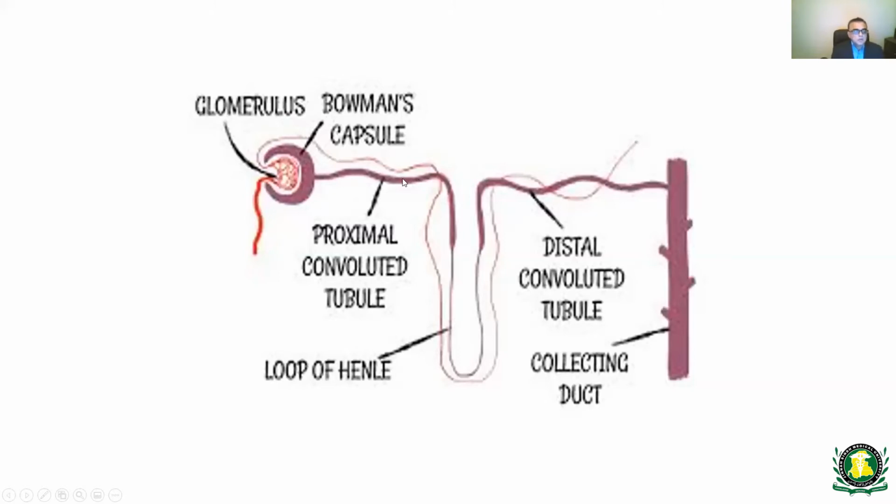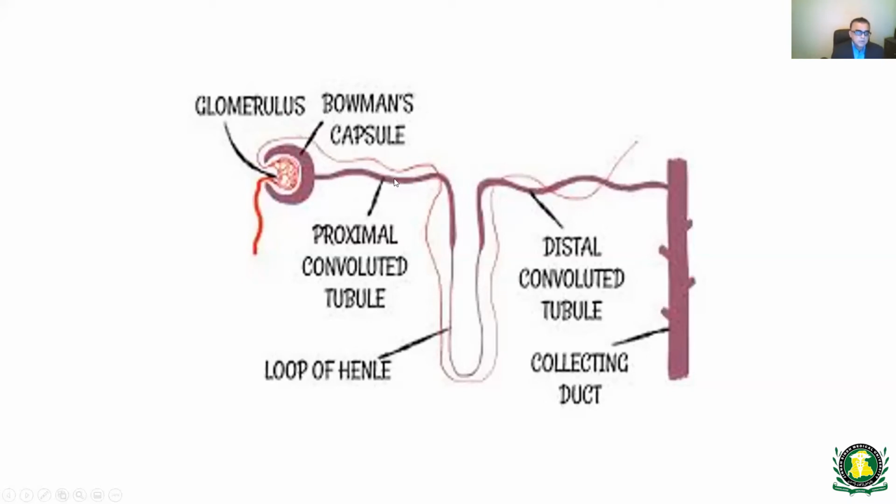Then we have the proximal convoluted tubule, where about 65 to 70% of the sodium is reabsorbed. And the drugs that act on this area are osmotic diuretics like mannitol and urea. They work on proximal tubule and loop of Henle and increase the osmolality of the urine and hence the water loss.